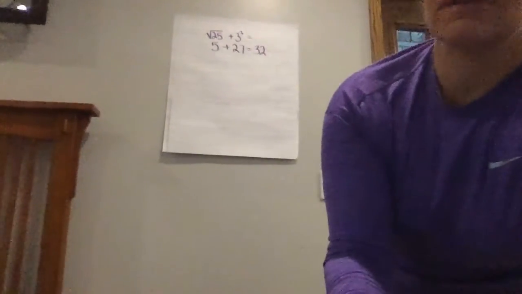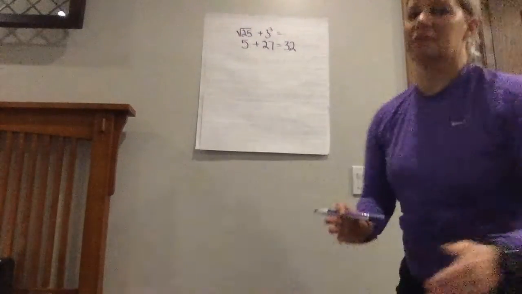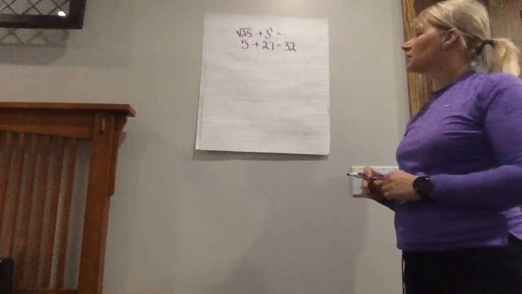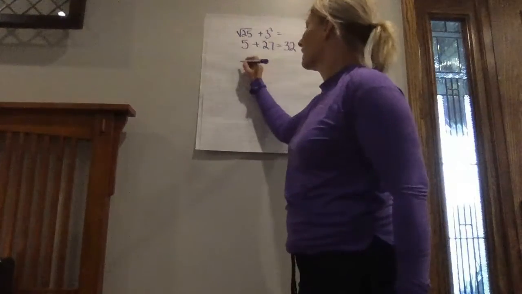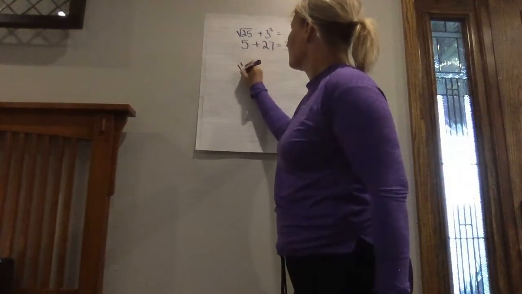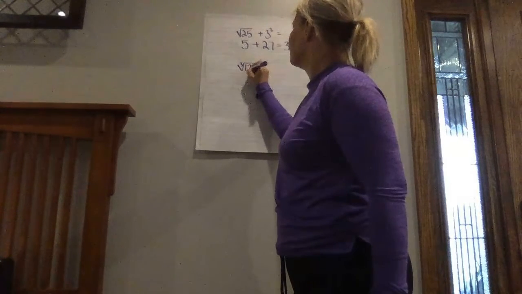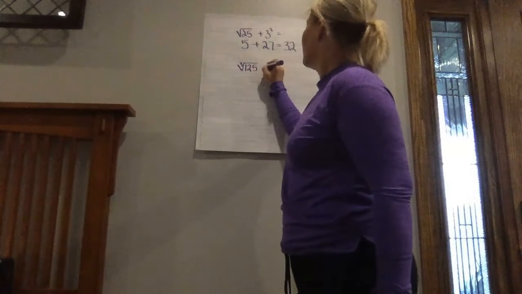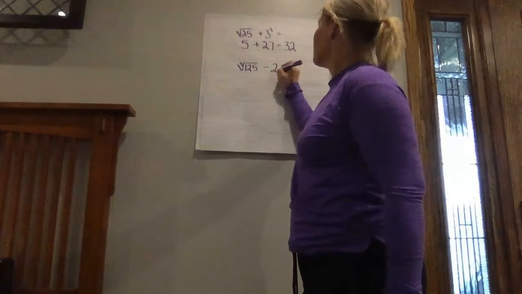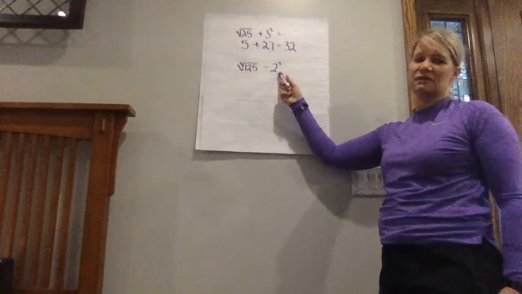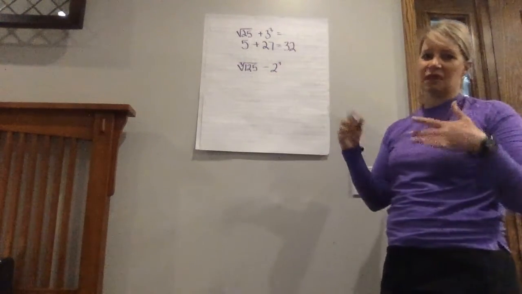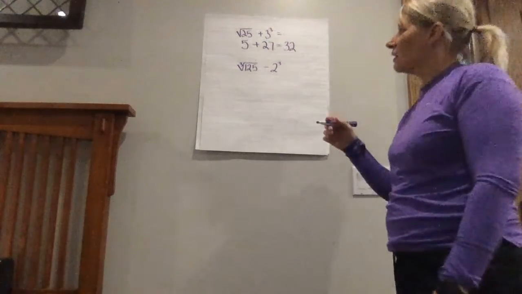A cube root doesn't really look any different. So we could say the cube root of 125 minus 2 cubed. It won't always be this, it might just be a regular number. I'm just trying to get everything in at one time.